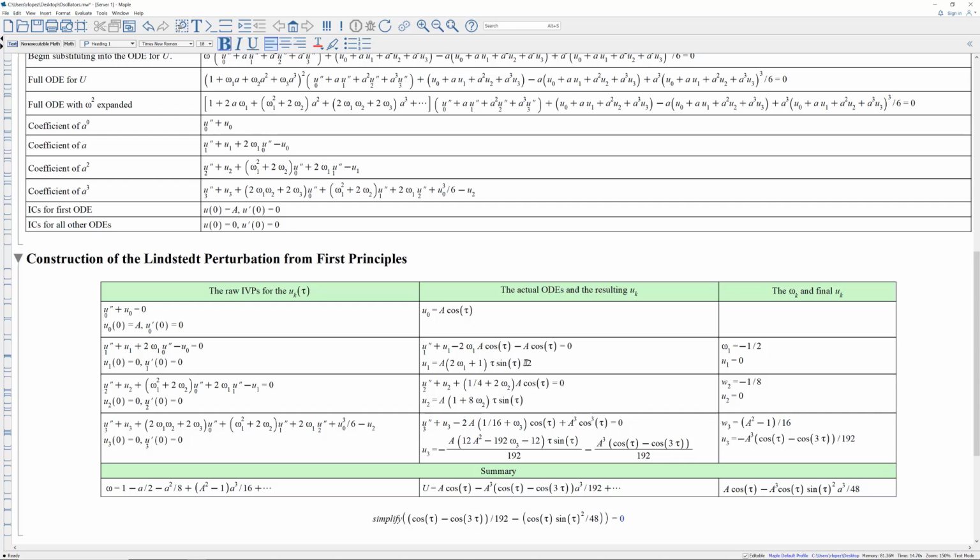This is the solution. And if you notice, the solution has this secular term. And in order to get rid of that secular term, this coefficient must be 0. So 2 omega 1 plus 1 equals 0, or omega 1 is minus a half.